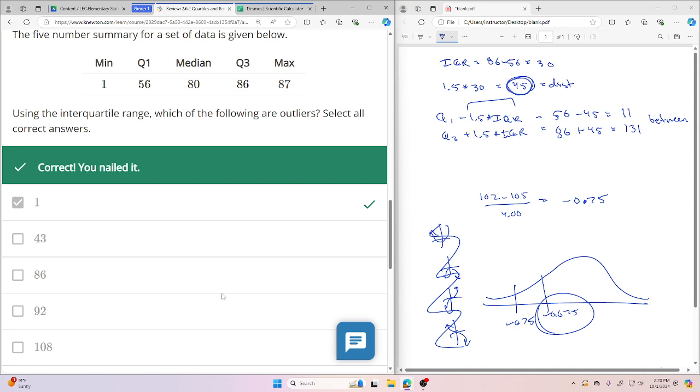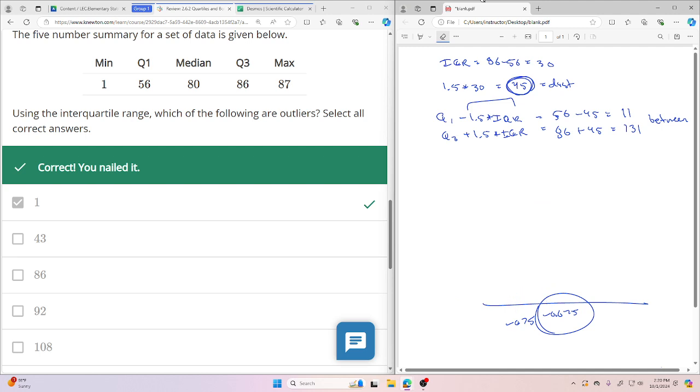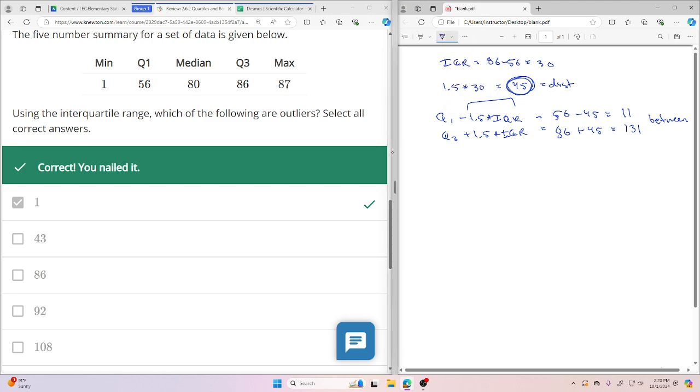Could you look at the data and probably just make a good guess? Probably, but I'm just overcautious again right now. So cool. We good with that? I know that's a little bit weird formula, but that's why we got formula cards and stuff. Okay. Let's keep cruising.